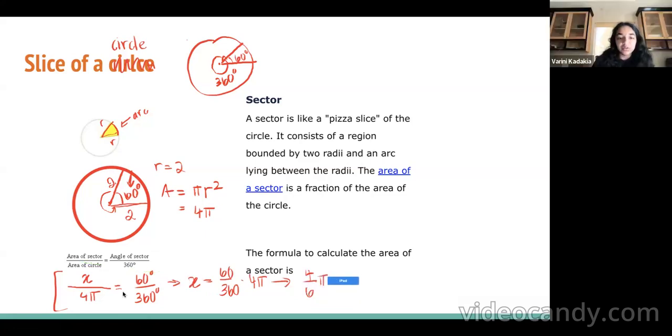So you just need to know this and how to solve it to find the area of the sector. Does that make sense to everyone?